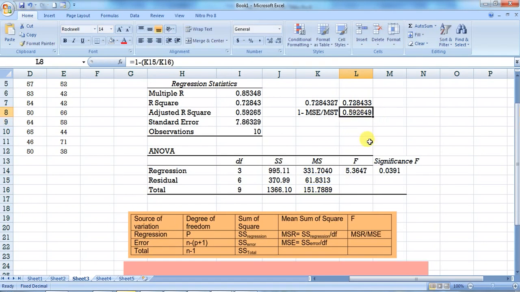So it is 0.592649. So both are the same. So this is how we can calculate the R square and adjusted R square. R square uses the sum of square concept, whereas adjusted R square uses mean sum of square.